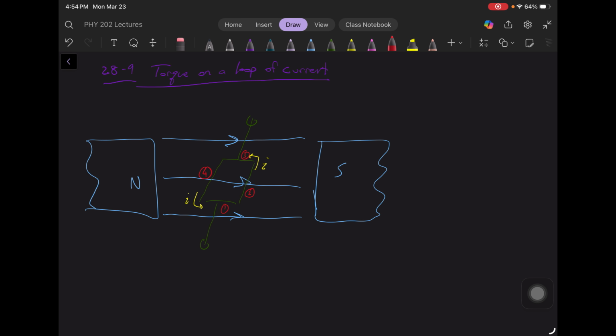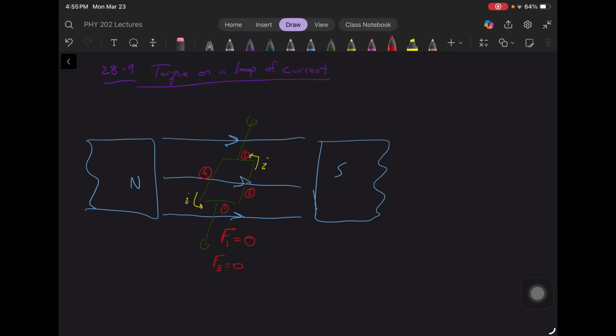In section 1, we have the current going this way, and the magnetic field's also going this way. So we can say F1 equals 0 because they're parallel and it's a cross product. Same argument, F3 equals 0. And so then we just got to look at F2 and F4.